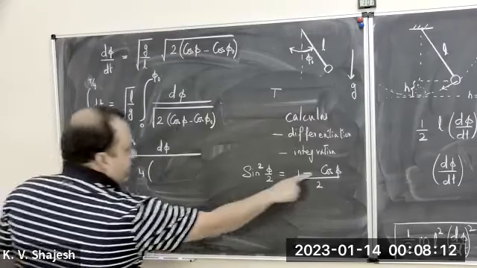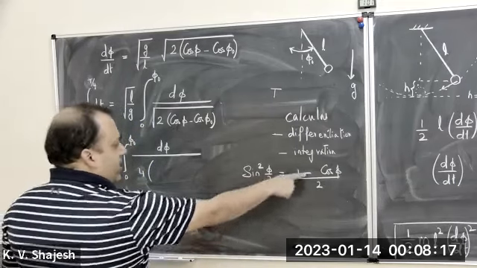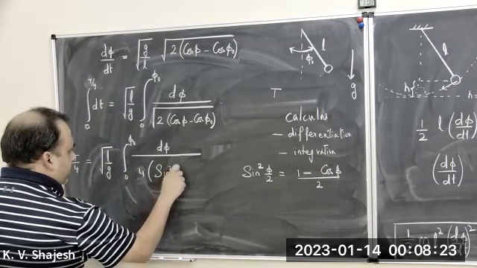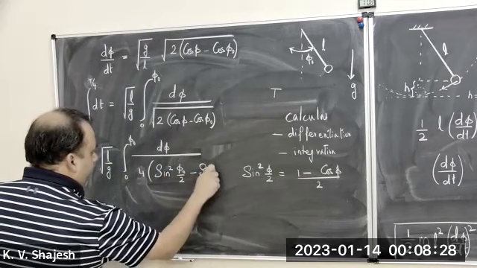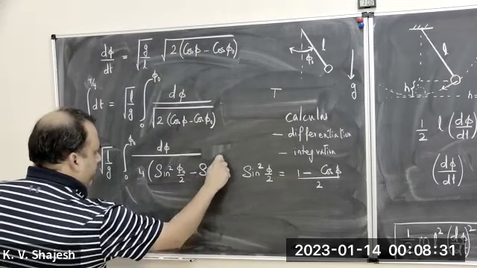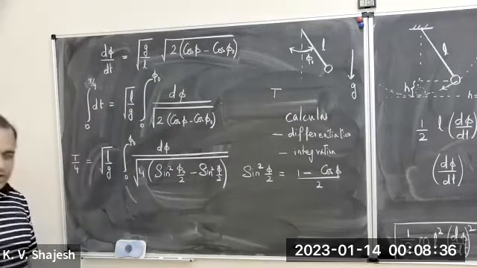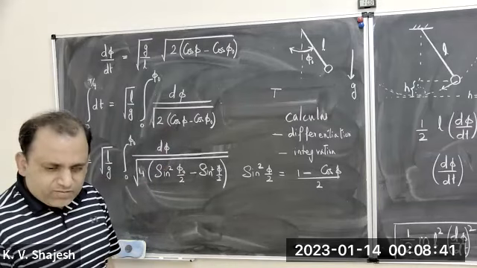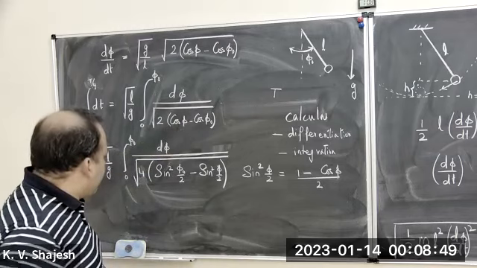And cosine phi gives you a sine square of phi over 2 with a negative sign. So I'll flip that: sine square of phi naught over 2 minus sine square of phi over 2. So that's your expression. The only thing I've done is that instead of writing it in terms of cosines, I have written it in terms of sine.